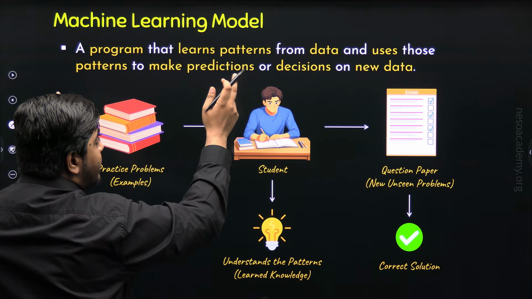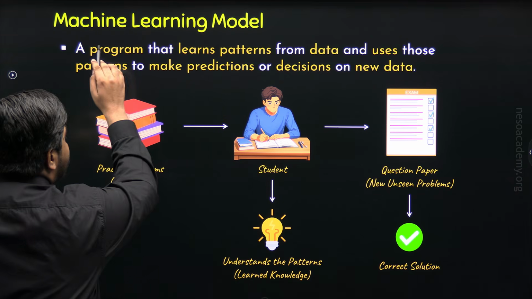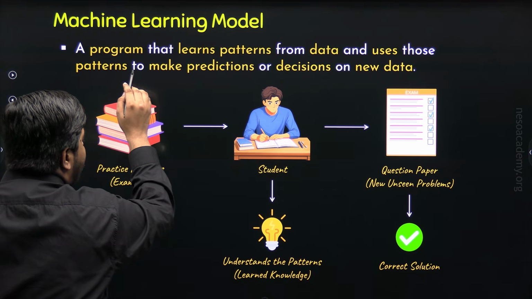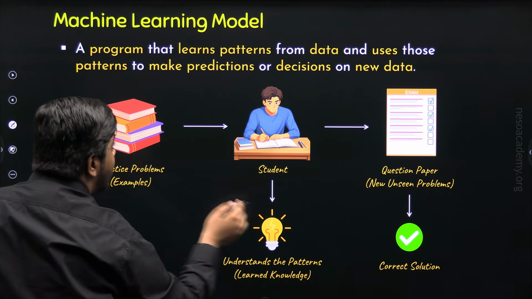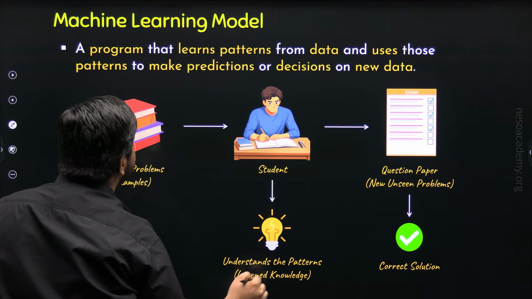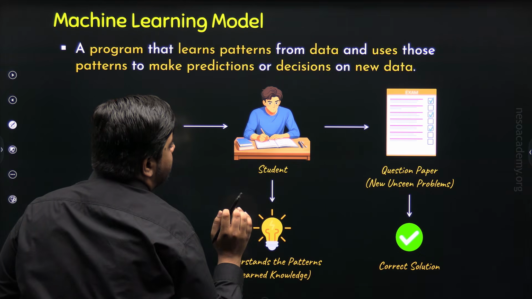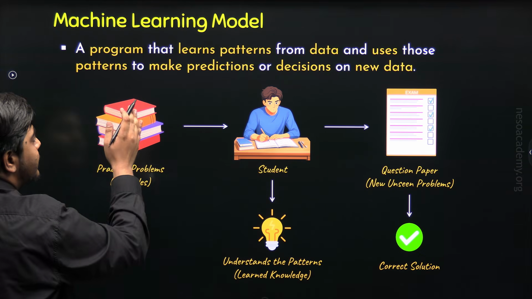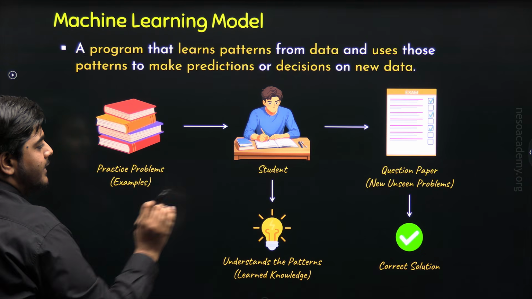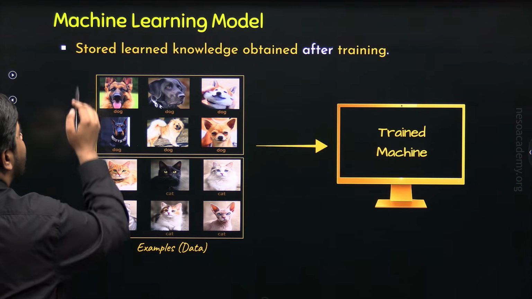If I relate this definition with this example, I can say that a machine learning model is a program that learns patterns from the data and then uses those patterns to make predictions on the new unseen data. Now I hope you have understood this definition and this example clearly. Let's see the next point.